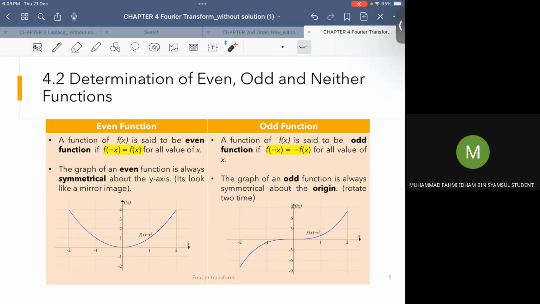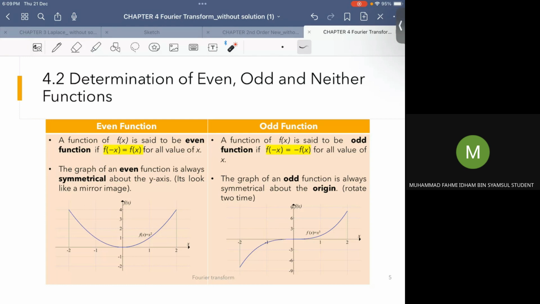Alright, now let's move to 4.2, determination of even, odd, and neither function. So before we discuss further in Fourier series, this is also one of the important terms in Fourier series. A function can be said to be an even function, odd function, or neither function.